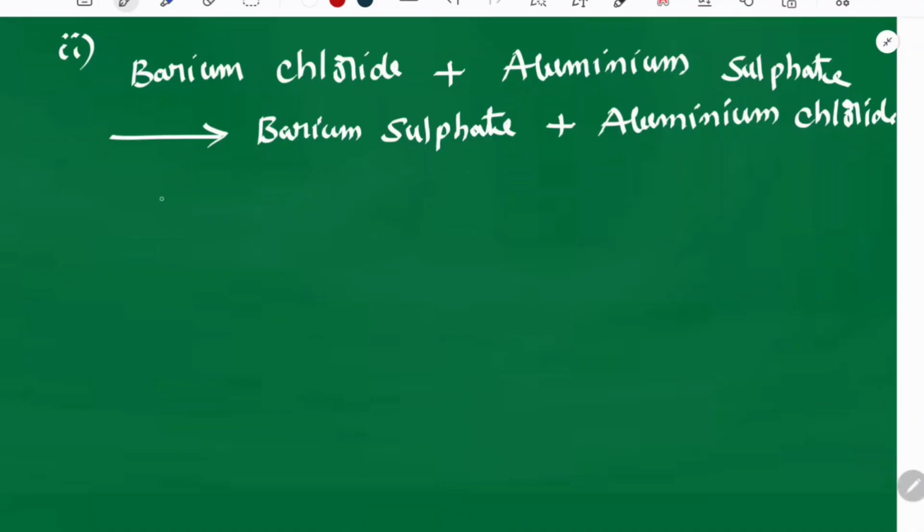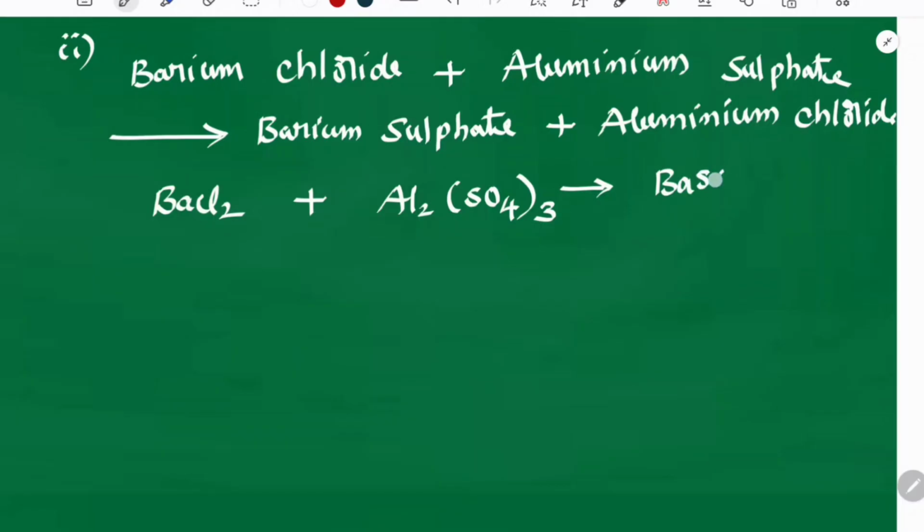Okay, barium chloride is BaCl2, plus aluminum sulfate, Al2(SO4)3, gives rise to barium sulfate BaSO4 plus aluminum chloride AlCl3.